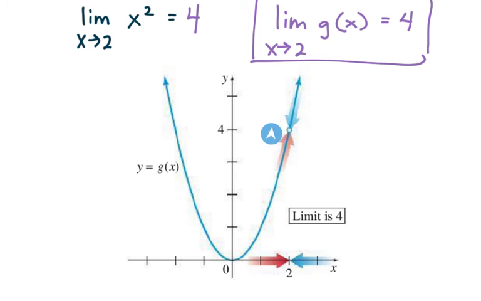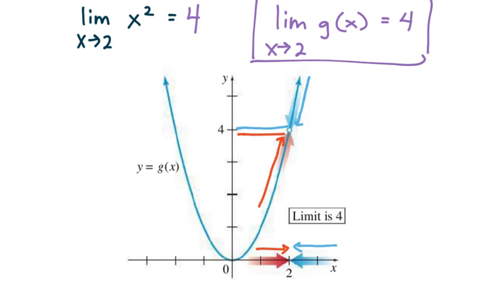So even though I'm getting an undefined value, in this graph we can see as x approaches 2 from the left, traveling from the left side of x equals 2 towards that y value, we're getting close to but never equal to 4. And then the same thing approaching x equals 2 on the right, traveling from the right towards that y value. Again, we're approaching but never going to touch y equals 4.